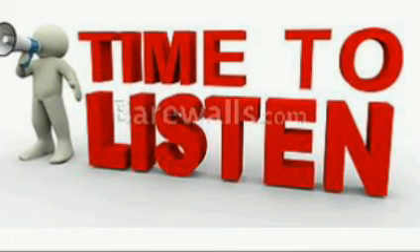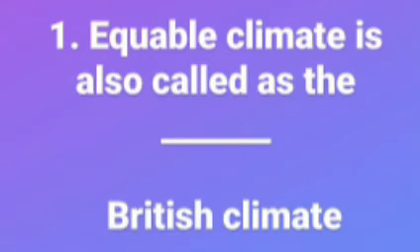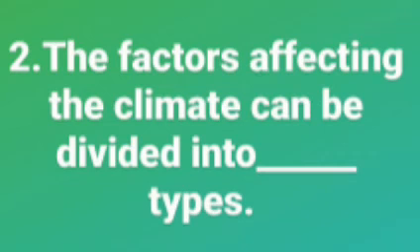Students, listen here. I will give some more questions. Note it. First one: equable climate is also called as the dash. Answer: British climate. Second question: the factors affecting the climate can be divided into dash types.